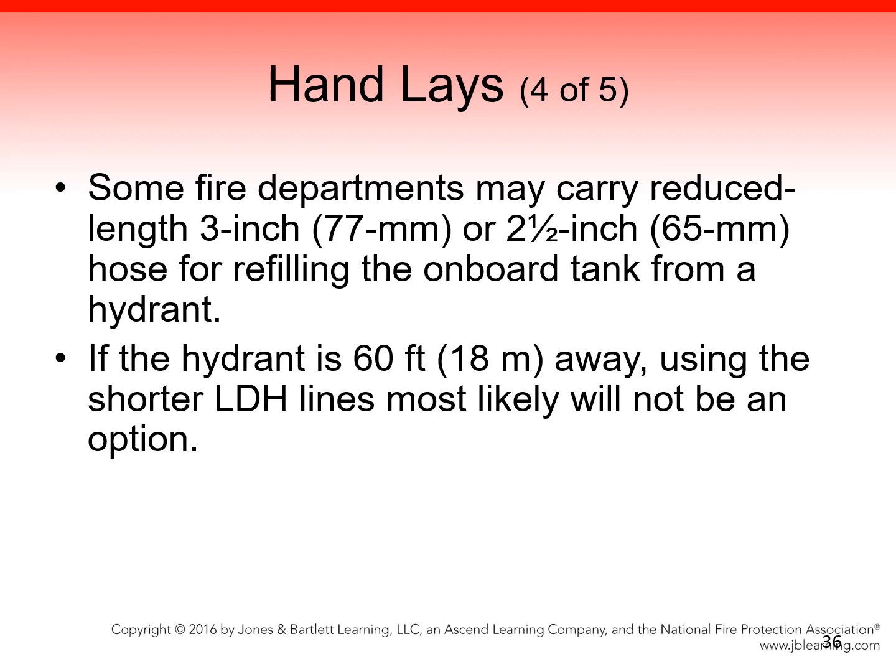If the hydrant is 60 feet away, using the shorter LDH lines most likely will not be an option. In most cases, pulling hose from the hose bed is the next choice. If you carry LDH, it is most often available in 100-foot lengths. You need to pull a full section of the hose from the hose bed and deploy it between the fire apparatus and the hydrant.